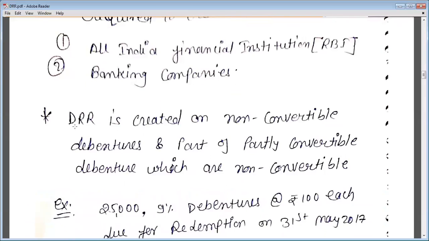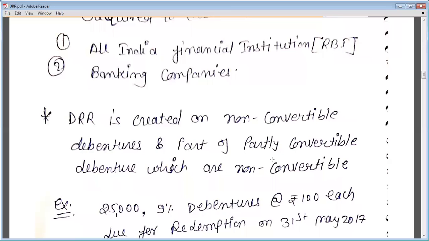Now let's move on. DRR is created on non-convertible debentures and on the part of partly convertible debentures which is not convertible. So DRR is only created on non-convertible debentures. The debentures which are not convertible into shares or any other securities are known as non-convertible debentures.